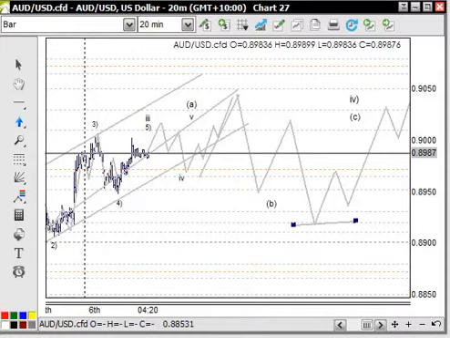So if the Wednesday close today is not positive, if it's lower on the close today, then there's a change in trend as well.